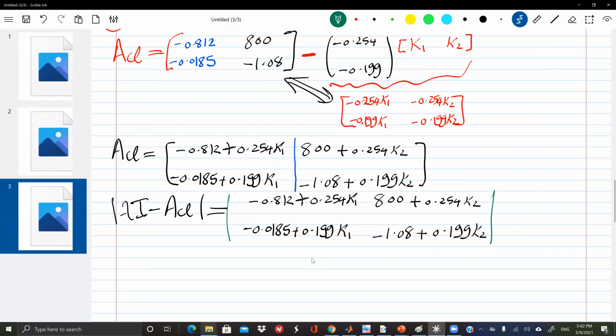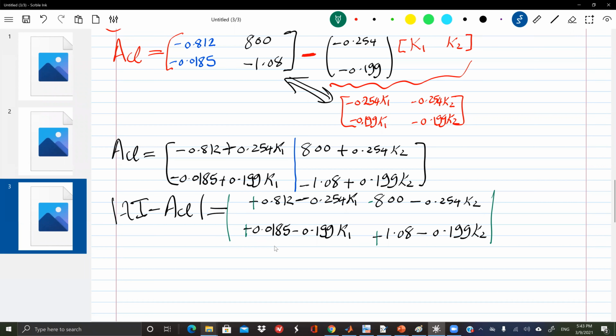Okay, so this is A, I just copied A. Let's put a minus sign in front of everything for A. So this becomes plus, this becomes minus, this becomes minus, this becomes plus. I'm doing minus everything I had from before, okay? Plus and minus, all right.